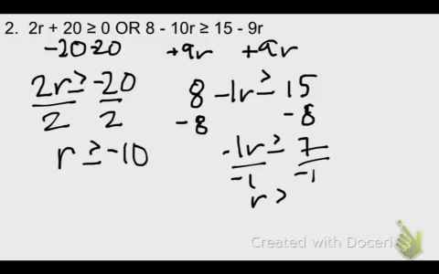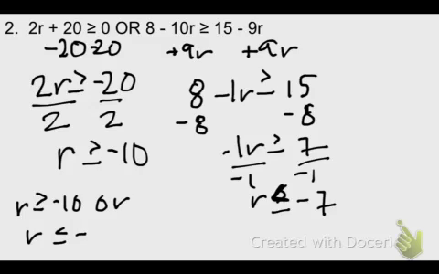Since I divided by negative 1, I need to switch that inequality to say r is less than or equal to negative 7. Okay, so my solution here is r is greater than or equal to negative 10, or r is less than or equal to negative 7.